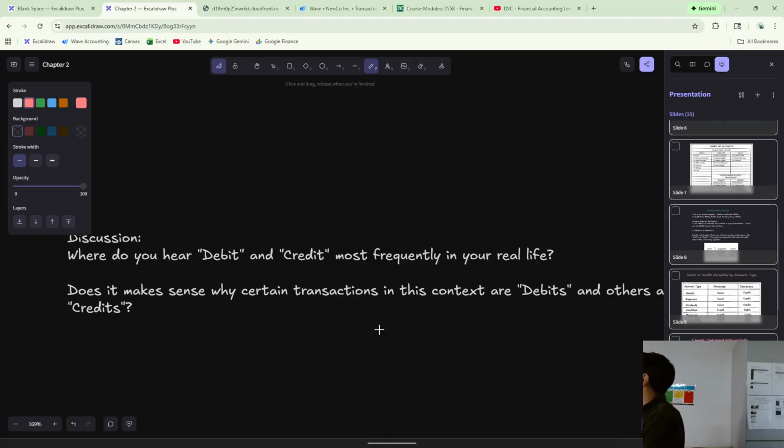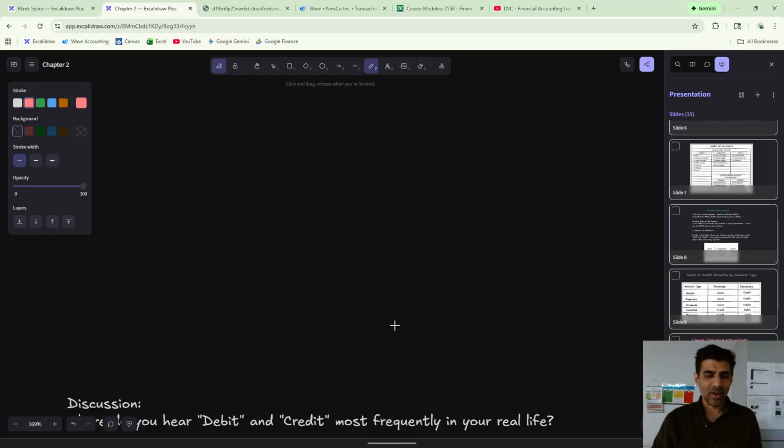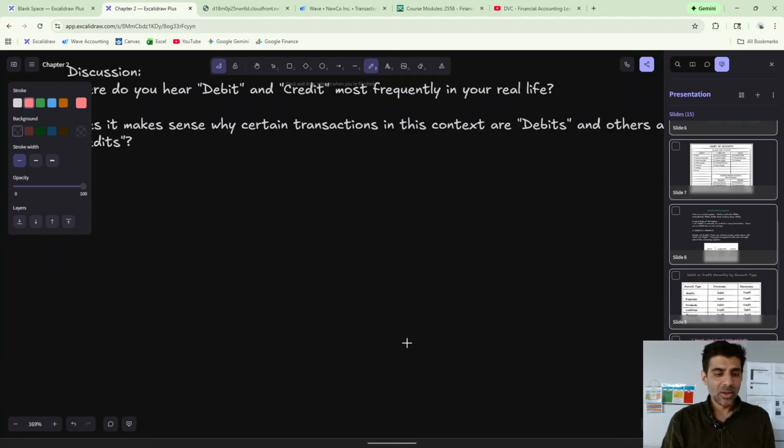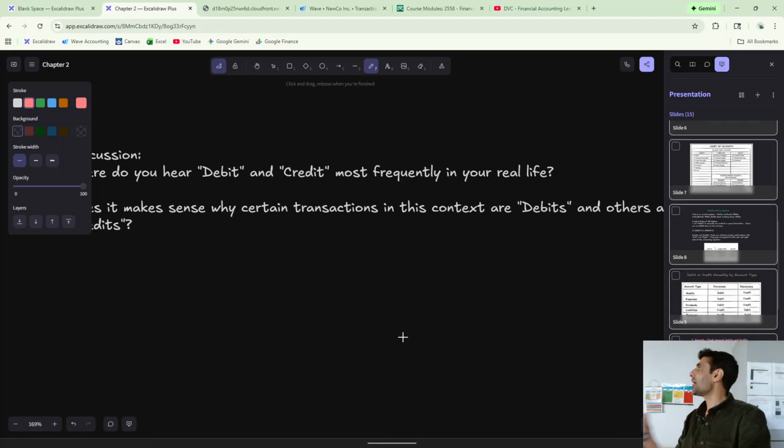So for them, that's a liability. What happens when a liability increases? We just saw on this table, when a liability increases, it's a credit, and when it decreases, it's a debit. We agree? So when you go to your bank and you put in money, for them, that liability is increasing.